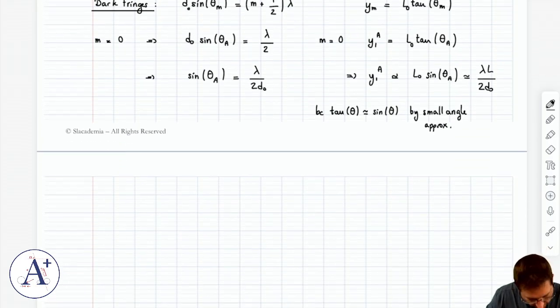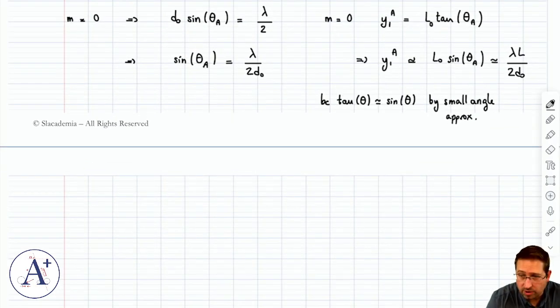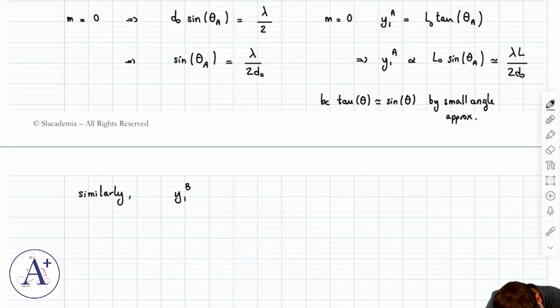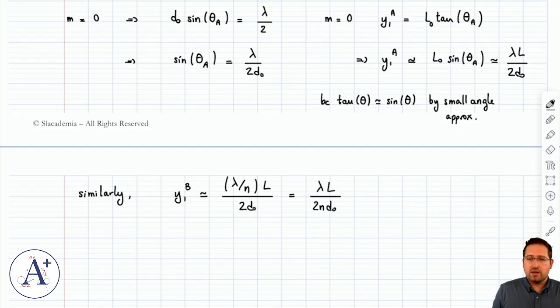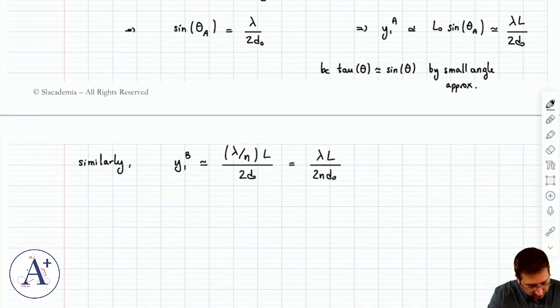So I can say now, just based on what I derived before, similarly, meaning with the exact same reasoning, I would find that y1b is approximately equal to, now careful, I need to use lambda over n instead of lambda. So this is going to be lambda L0 over 2n d0. And I want to solve for n.